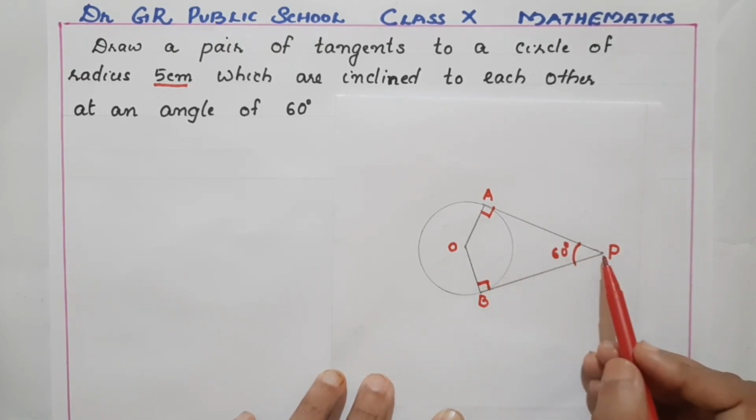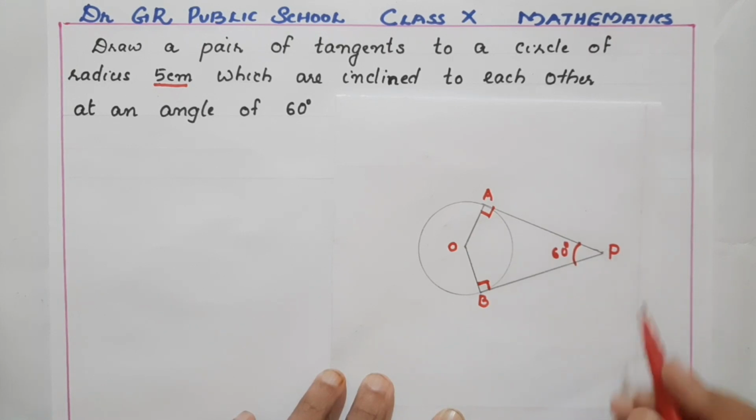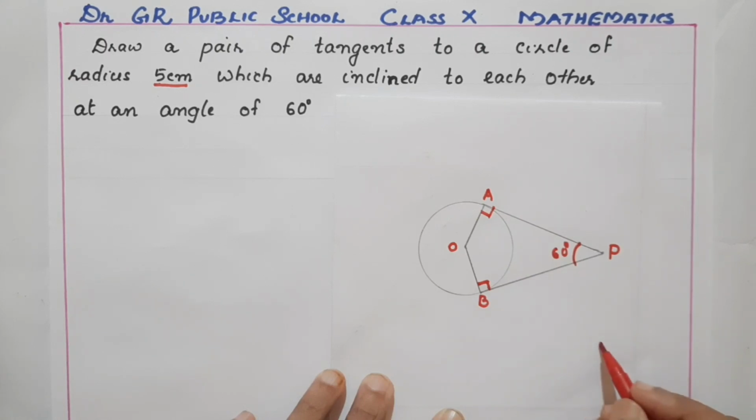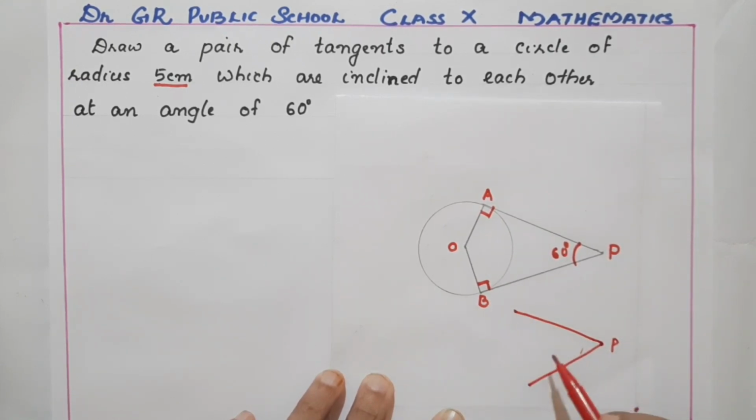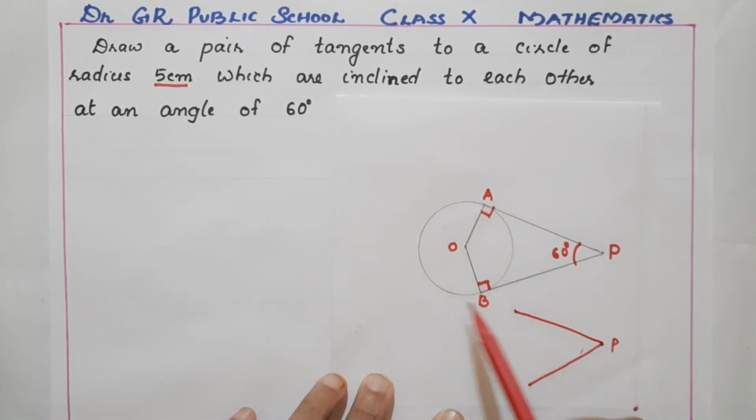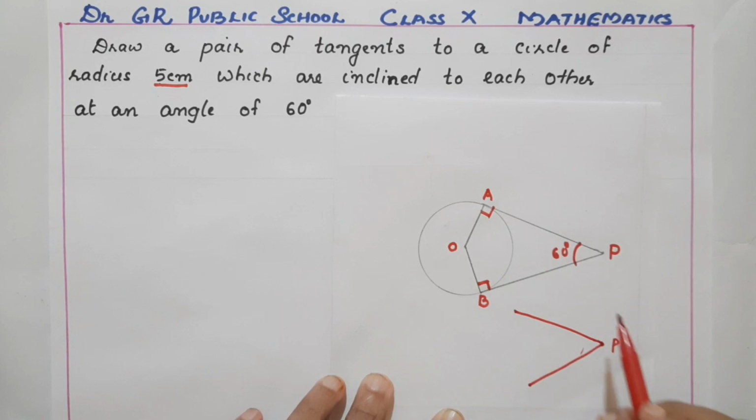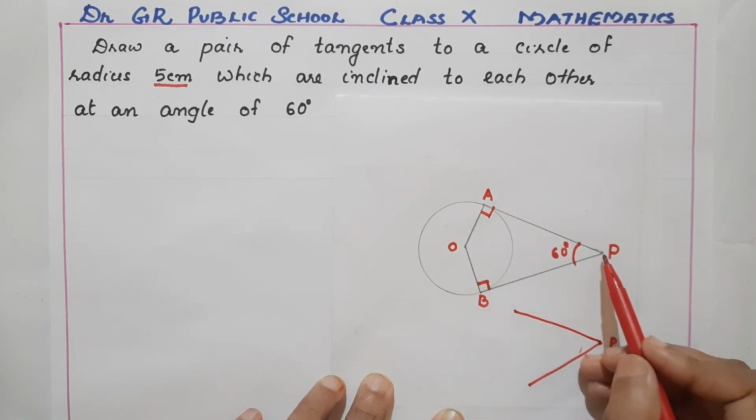But here we don't know where we have to mark this point P. If you are marking anywhere and then we are drawing one tangent and taking 60 degree here, and if you are drawing the another tangent, we are not sure that these two lines will touch the given circle of radius 5 cm. So that's why we can't start from this point P.